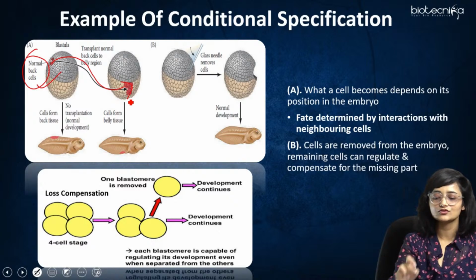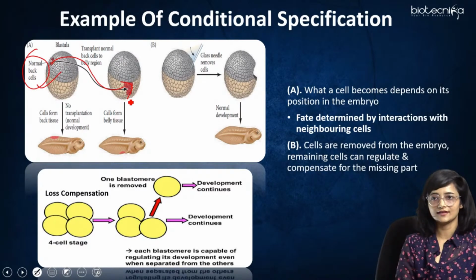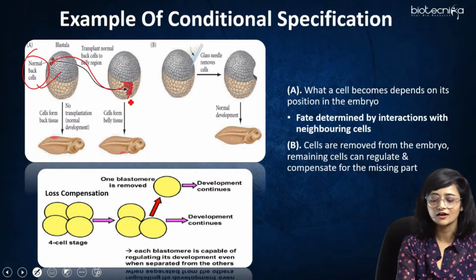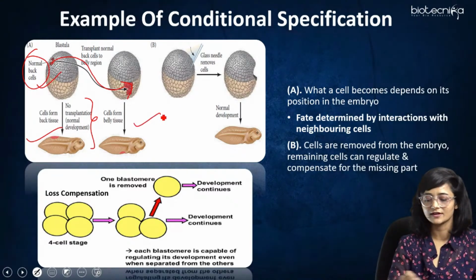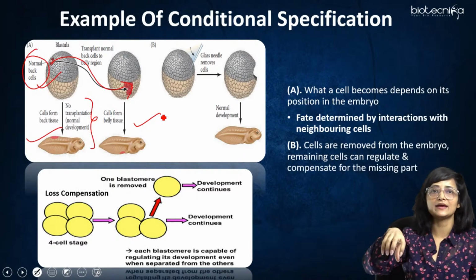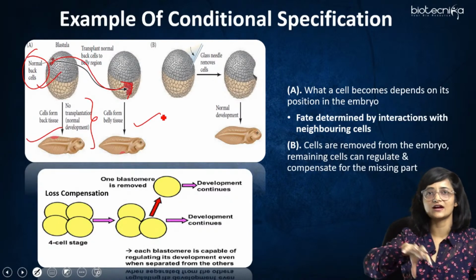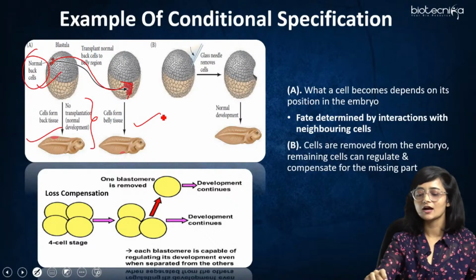The part which was forming the belly was isolated, and it was put there. Then it can be seen that, with the transplantation, normal development takes place at that point of time. These cells which were taken from the back to the belly formed the belly tissues only. On the basis of the external factors, its fate is getting changed.